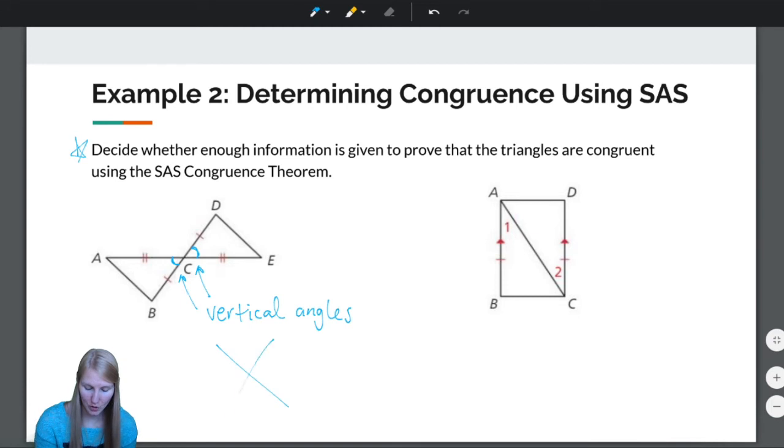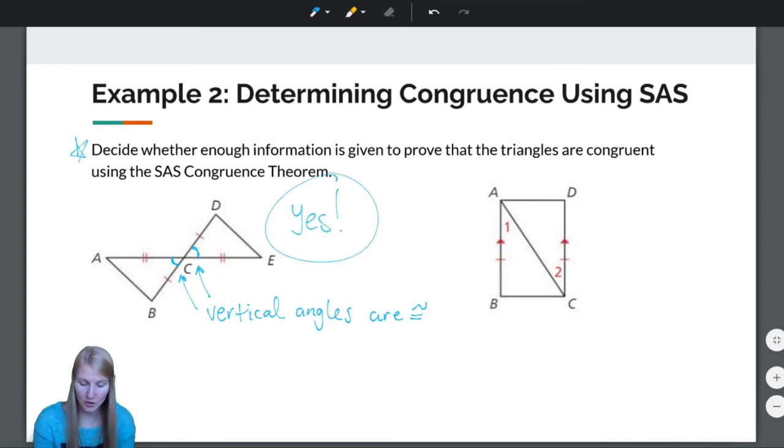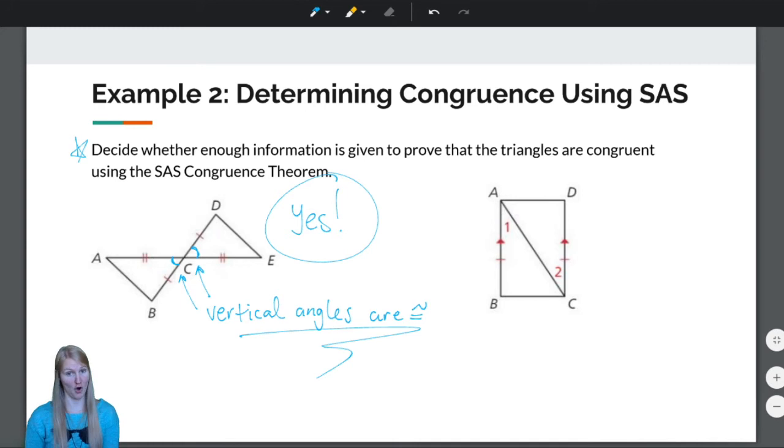Remember when we have two lines that cross, the angles on the opposite sides of those two lines are vertical angles, and vertical angles are congruent. So yes, we do have enough information. Yes, for the first picture, enough information is given to prove that the triangles are congruent, because we know that vertical angles are congruent. Wonderful.